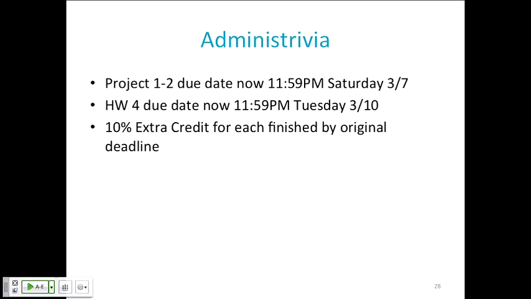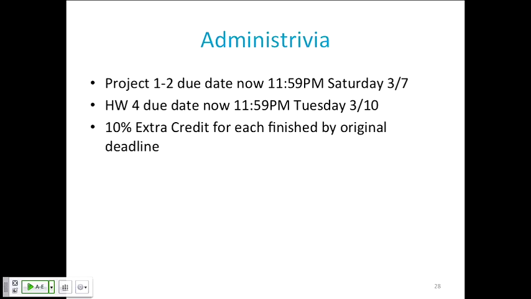Okay, so administrivia. We decided to give you a little bit more time for Project 1.2. So now the due date is Saturday midnight, and we pushed homework 4 out to Tuesday at midnight. For those of you who are diligent and were getting things finished on time, we're going to give you 10% extra credit for finishing by the original deadline.